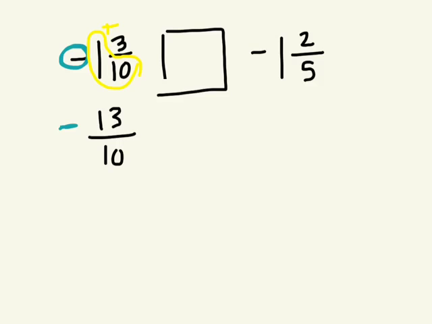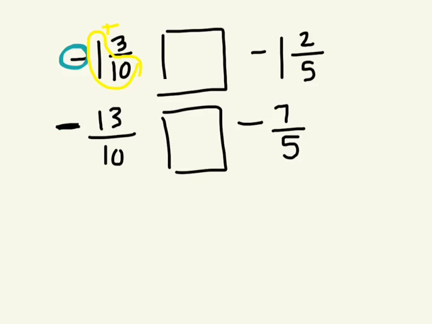We have to include this negative. This is a negative number, so you wouldn't do negative 10 plus 3 because you wouldn't get the same answer, right? It's 10 plus 3, which is 13, but we know that this is a negative number. So what would negative 1 2/5 be as an improper fraction? Grant? Good. Negative 7 over 5.